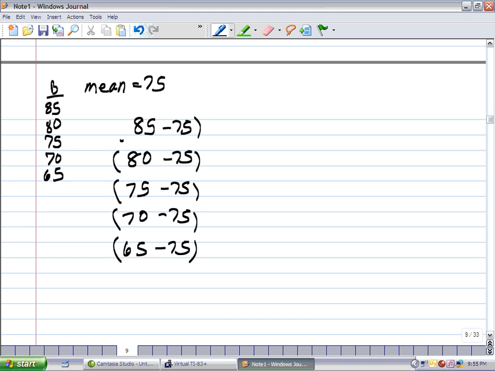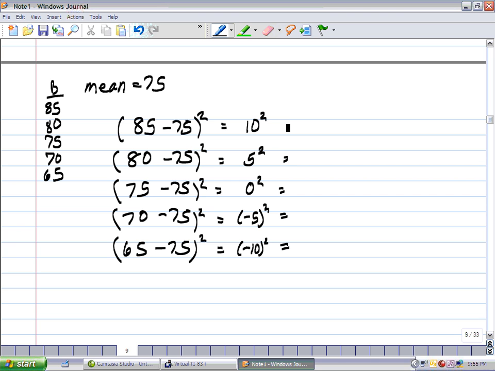And we'd already found the mean, so if you didn't know the mean, that would be the first step, to find the mean. And now I'm going to subtract. 65 minus 75, 70 minus 75, 75 minus 75, 80 minus 75, and 85 minus 75.